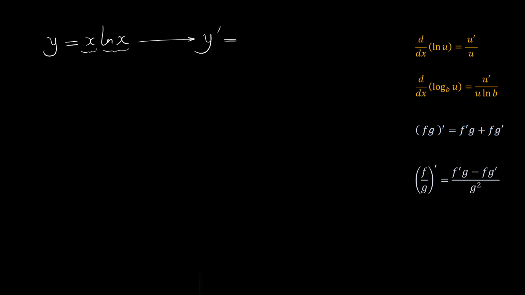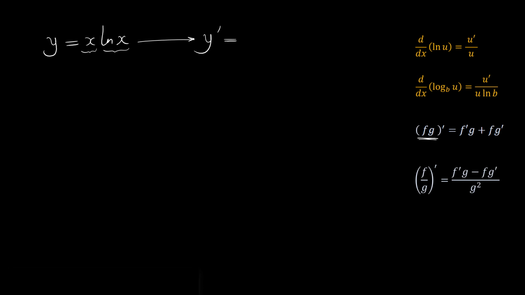Remember that the derivative of f times g, which f and g are two functions, is f prime times g, derivative of the first function times by second function, plus f times g prime, the first function times by derivative of second function.